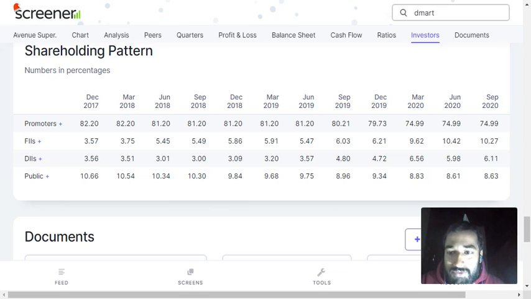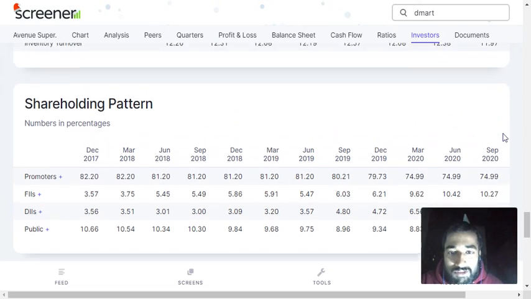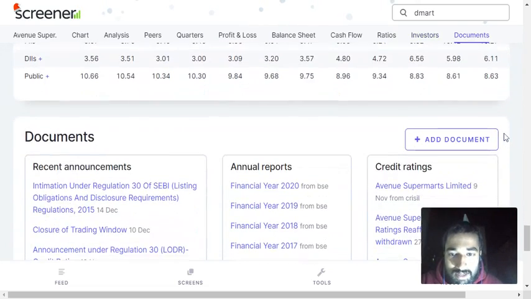If you do research on any company, look at the shareholding pattern, the debt to equity ratio, or how the company is managing its debt, and how the returns are being generated on the invested capital. These are very important parameters. So I hope this video was informational.